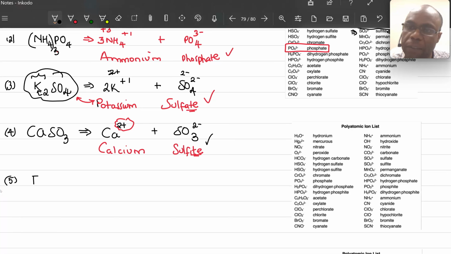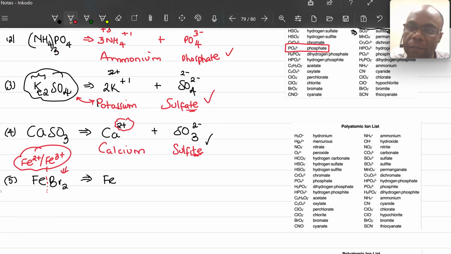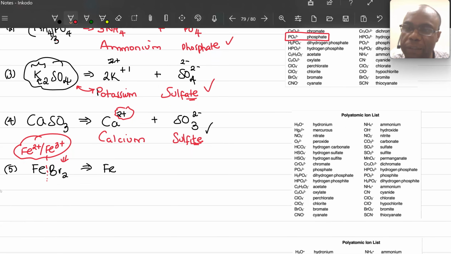Now, what if someone gave you this compound? Iron is one of those metals. We can split it this way. Iron is one of those metals that can exist as 2+ or 3+. We say it has multiple oxidation states, oxidation numbers, 2+ and 3+. To know which of these is in this molecule, we can break it apart.